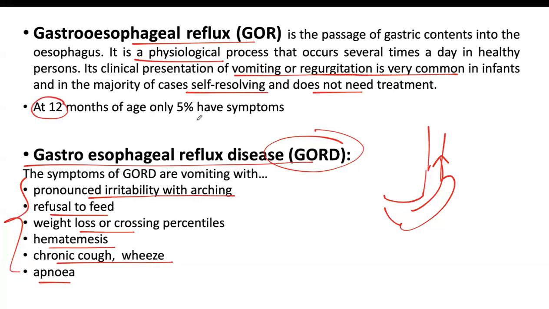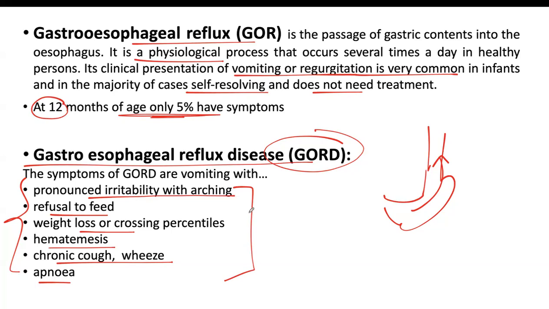At 12 months, only 5% of children will have this problem. It's kind of like burping. But when it gets associated with these symptoms, then it is pathological, which is gastroesophageal reflux disease.